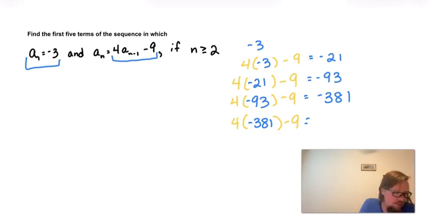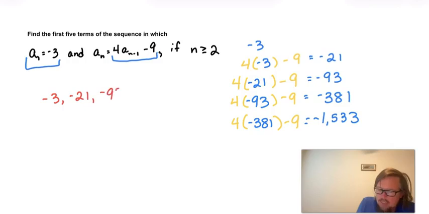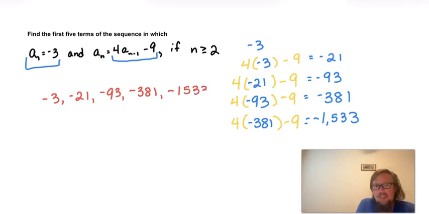I'm pretty sure you only have to do it once, but I'm never quite sure. 4 times -381 minus 9 is -1,533. Okay. So our first 5 numbers are -3, -21, -93, -381, and -1,533. And those are the first 5 terms in this recursive sequence.